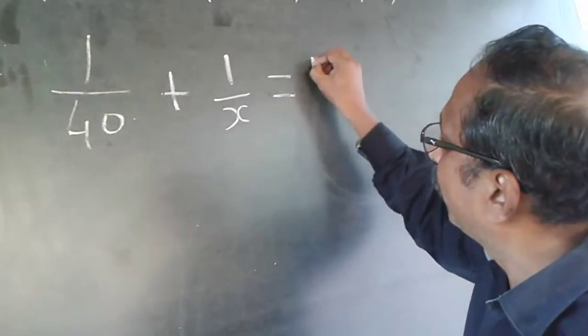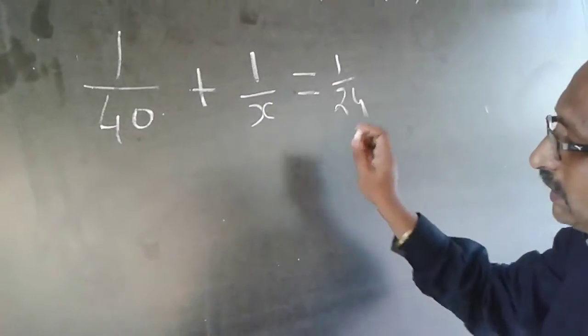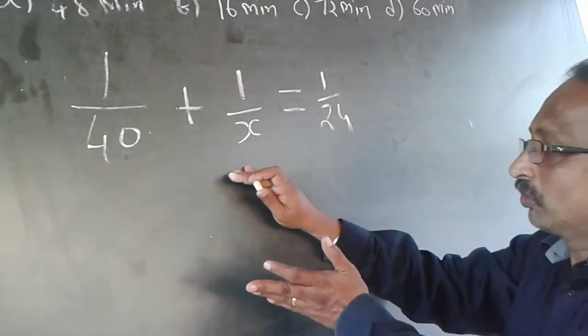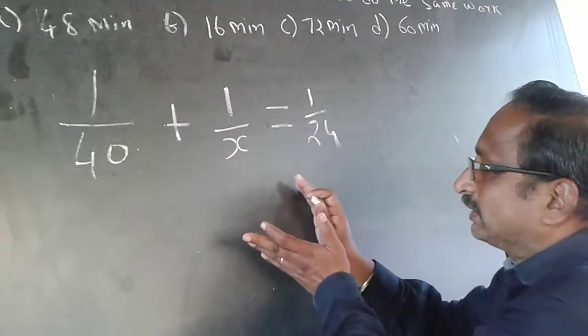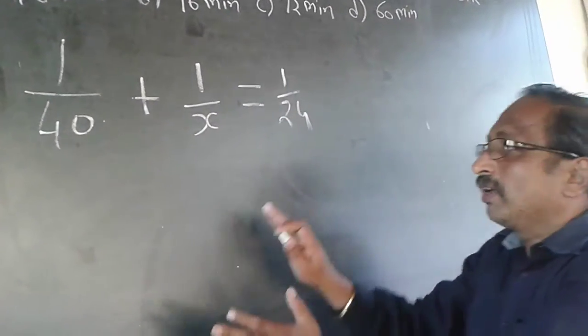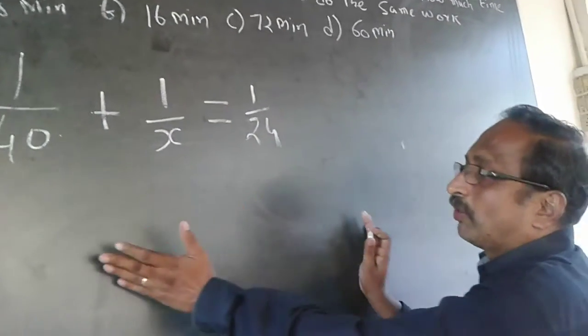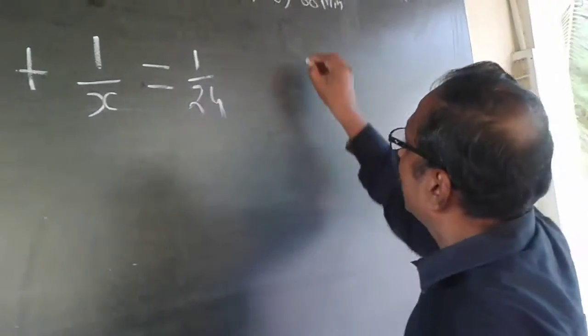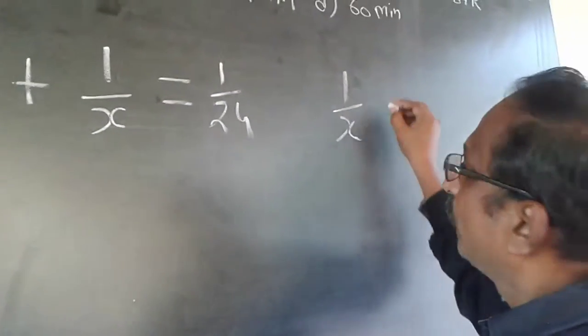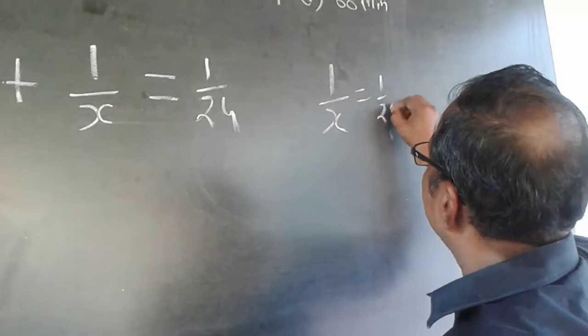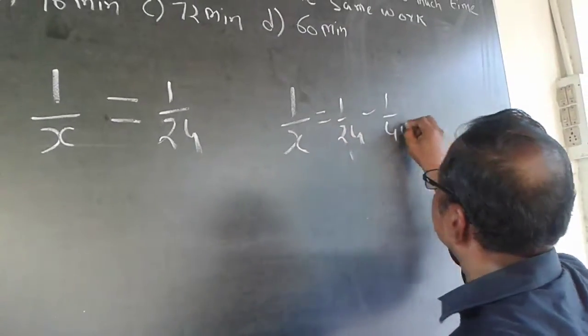So this will be equal to 1/24. Now this equation has to be solved and x has to be found out. Whenever you get equations like this, take the variables to one side, numbers to one side. So 1/x will be equal to 1/24 minus 1/40.